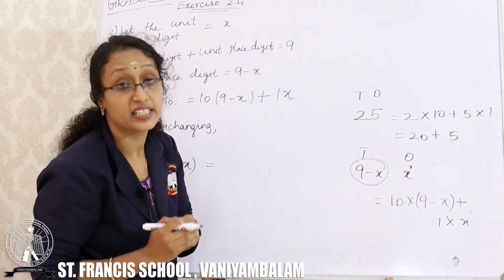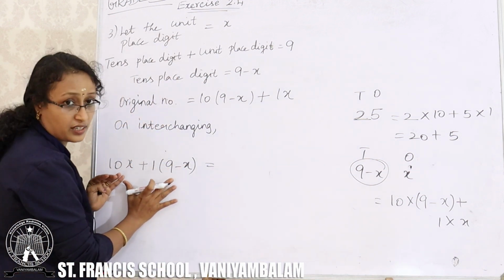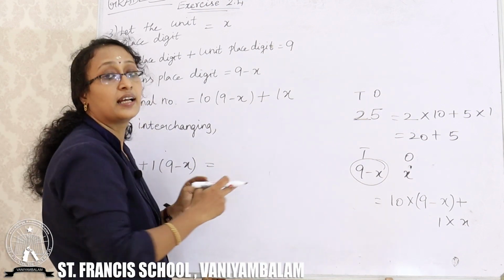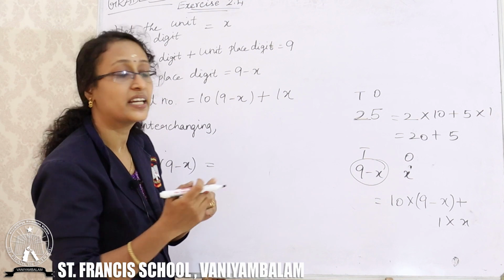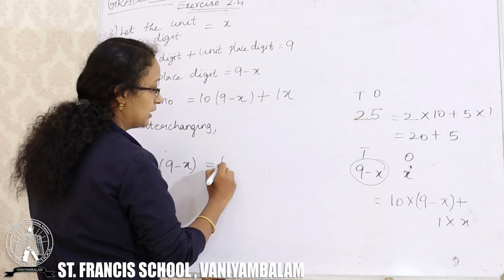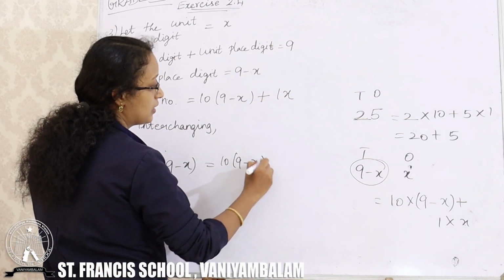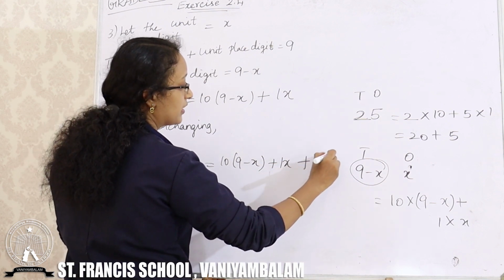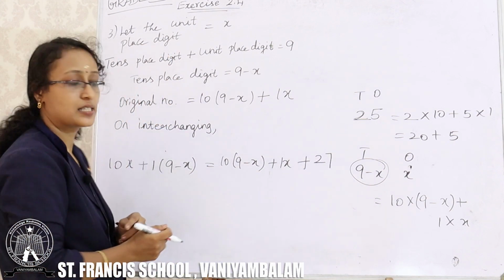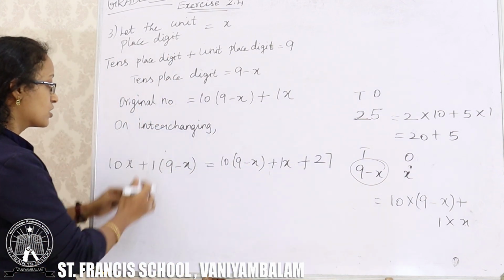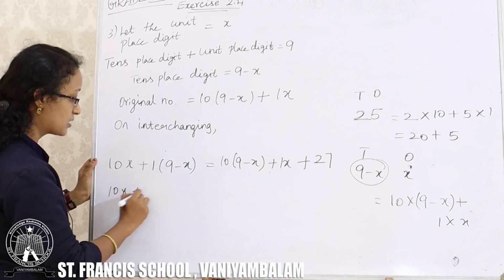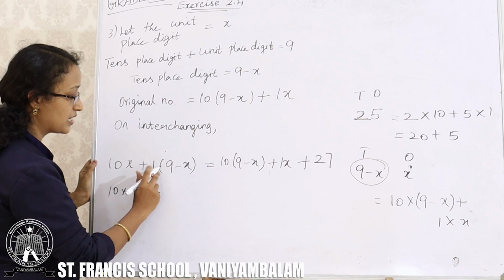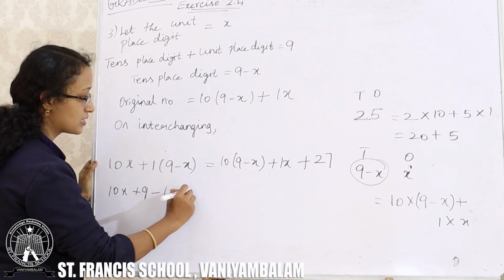On interchanging, it is found that the resulting new number is greater than the original number by 27. What is your original number? 10 into 9 minus x plus 1x, and the new number is greater than the original number by 27. Now we got the equation, right? Solve this, just multiply. 1 into 9 is 9, plus into minus is minus, 1 into x is 1x.